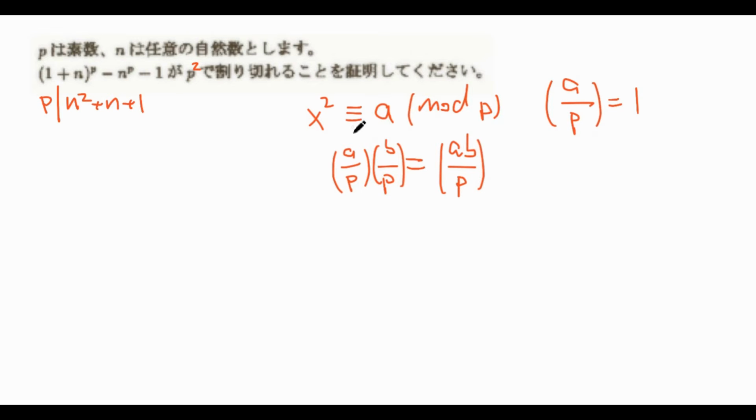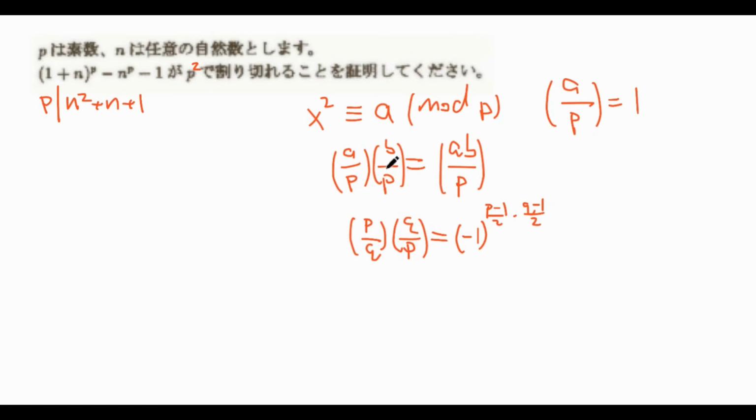In addition, there's a very useful theorem dealing with quadratic residues called the quadratic reciprocity theorem, which states the following: if p and q are odd primes, they have to be odd, they cannot be 2. This is very important, so you don't make that mistake. If they're odd primes, p and q, then (p over q) times (q over p) is simply equal to (-1) to the power of (p minus 1 over 2) times (q minus 1 over 2).